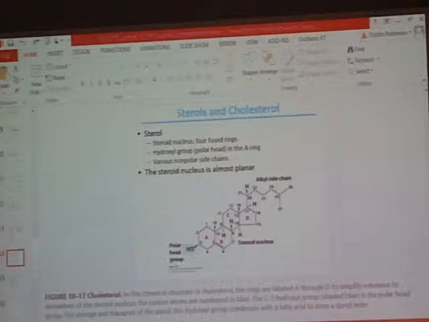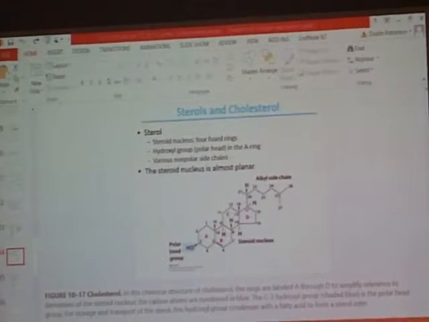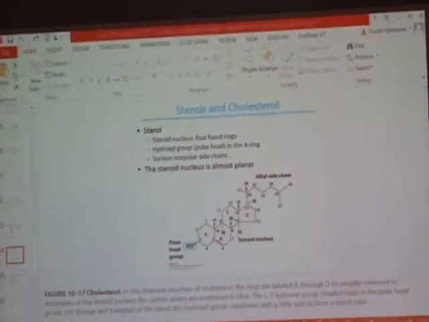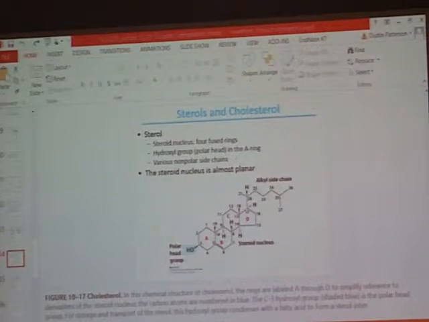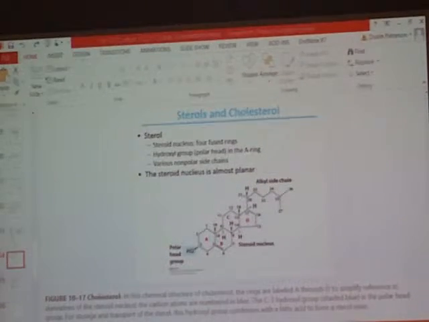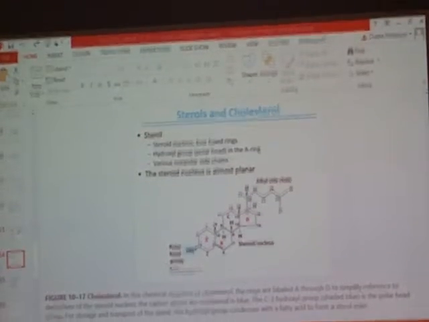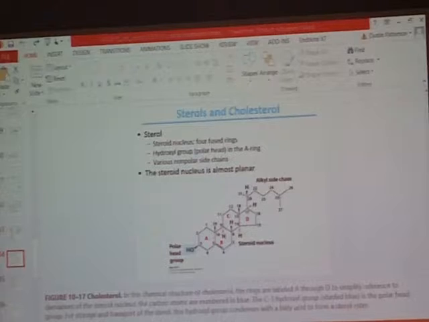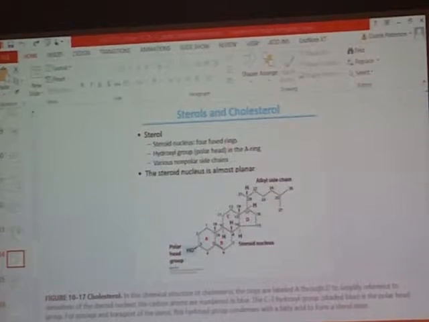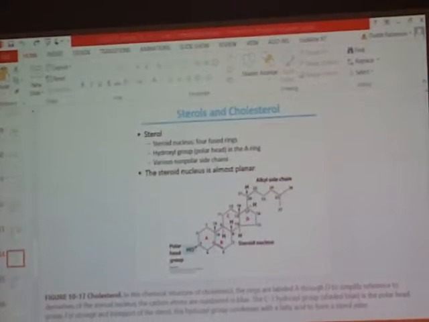Cleavage of, get rid of that long chain fatty acid, and then you have these differential oxygenation, hydroxylation, right? So I think at this point, what we need to know is cholesterol for sure, and then maybe testosterone, know that one. But know how it becomes these signaling molecules.